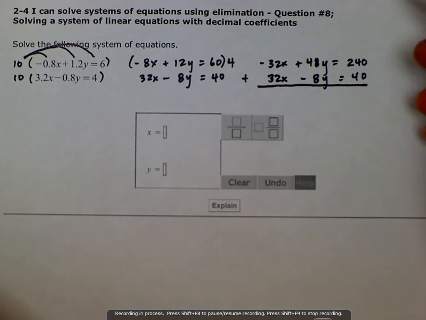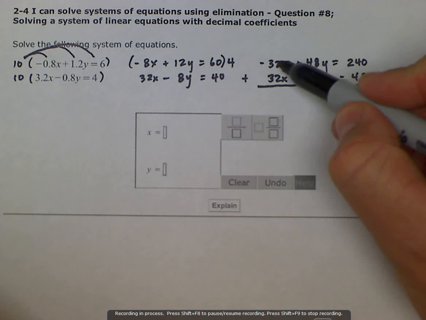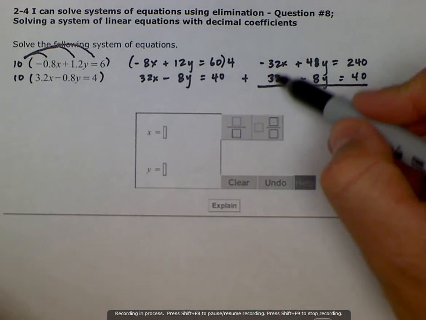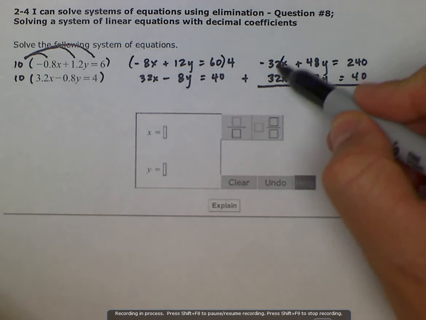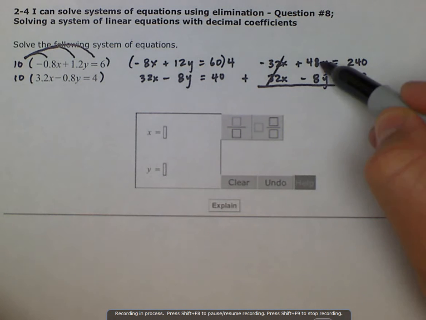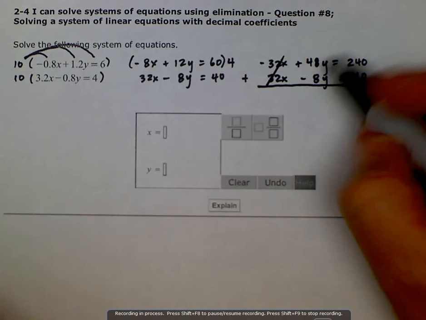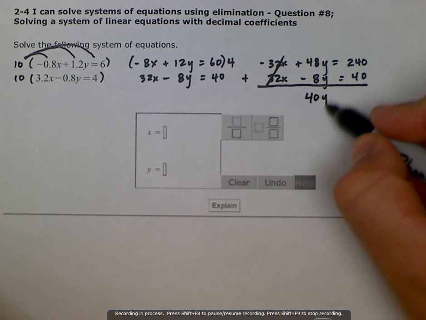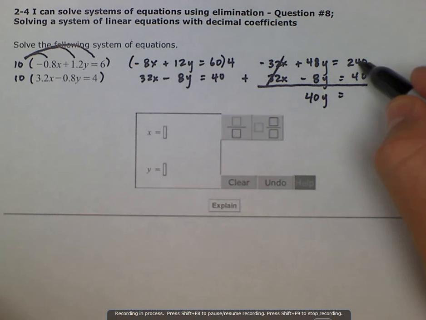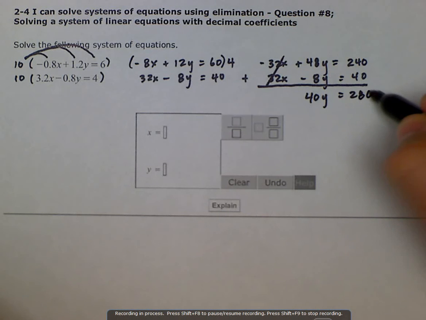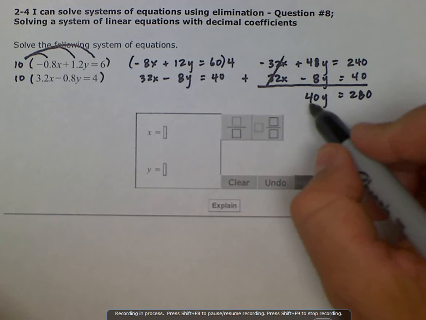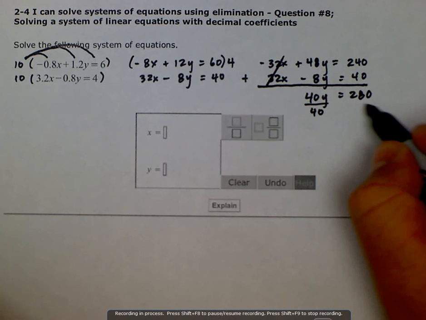So when I add, I have negative 32x, and combine like terms here. Negative 32x plus 32x, these eliminate. And then I've got 48 plus a negative 8, so that leaves me with 40y. And then 240 plus another 40 is 280. Then all I need to do is divide by my coefficient.